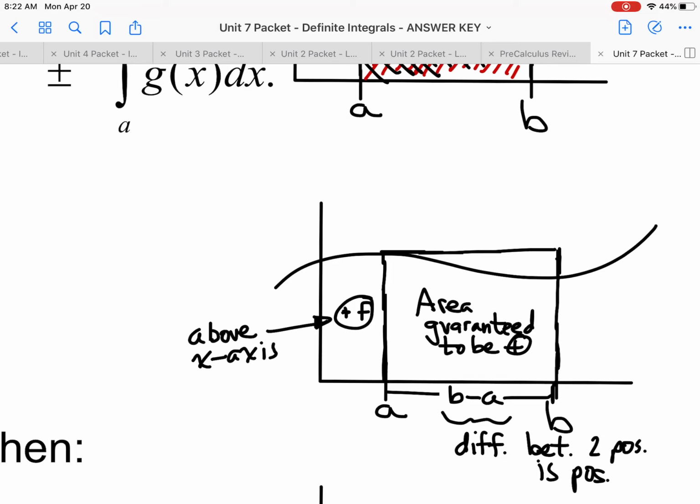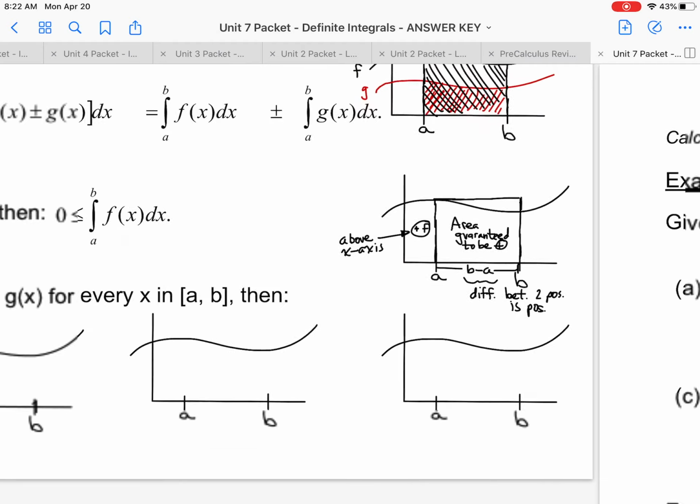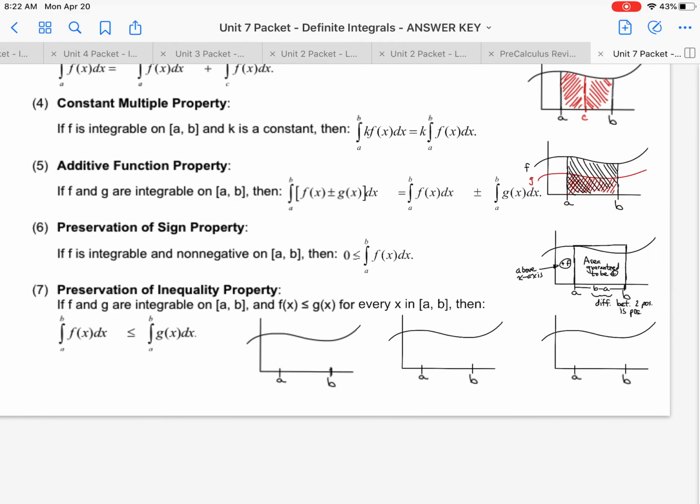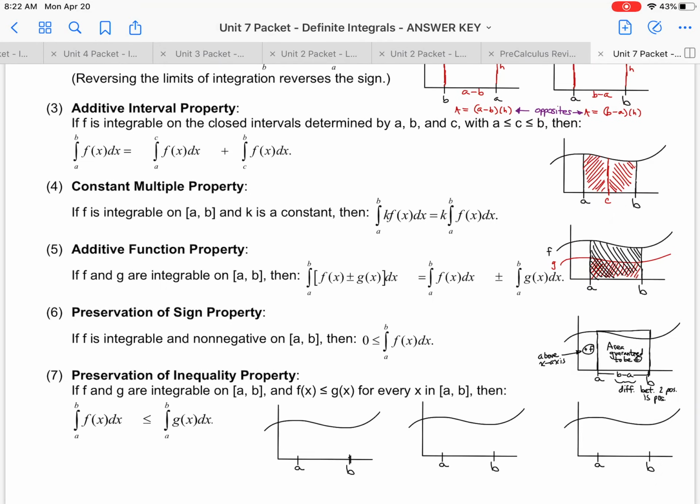Now, if the function was below the x-axis, then f would be negative, and assuming we're living on the right-hand side of the y-axis, that would give us an area that is guaranteed to be negative.